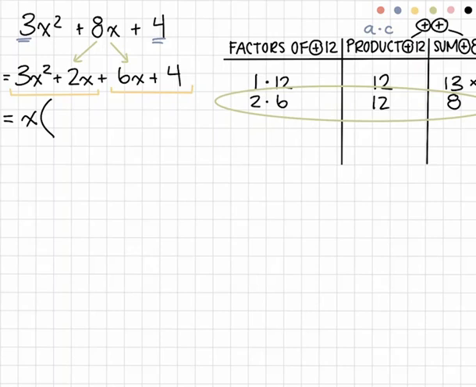So I'm just going to do it in the way that I like. If you want to divide, do that off to the side of your page, right? 3x squared divided by x, what are you going to be left with? I'm just going to ask myself, what times x is going to give me 3x squared? Well, I know it's got to be times 3x. Okay, and then I've got plus, and now I have to ask myself, what times x is going to give me 2x? Well, it's just going to be times 2.